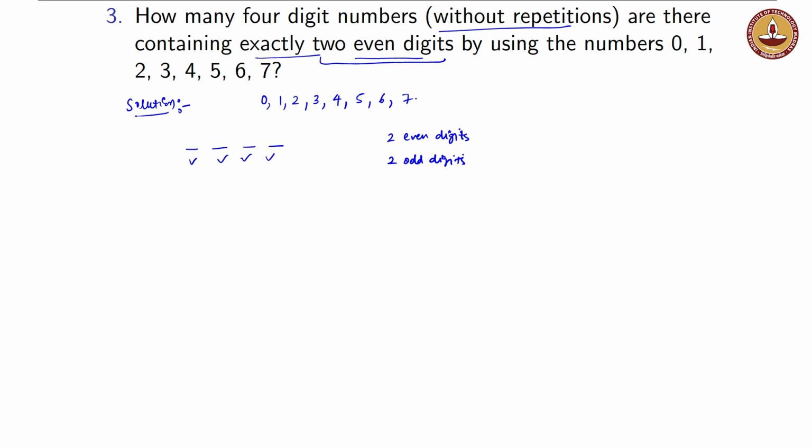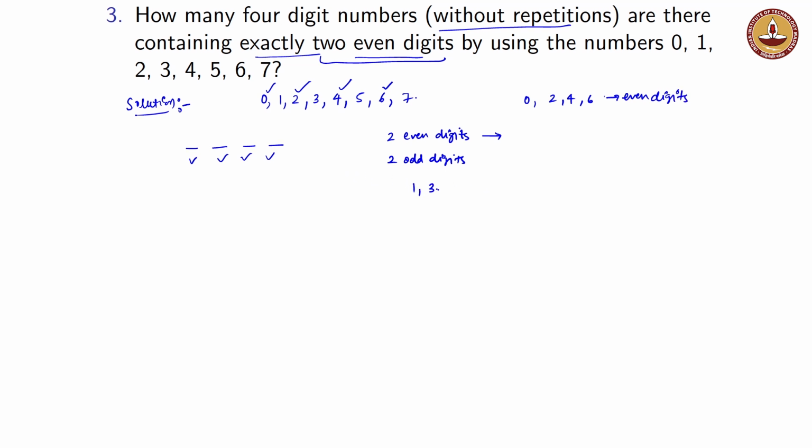Now, in how many ways can we do this? First of all, there are a total of four even digits: 0, 2, 4, 6. These are the even digits, and 1, 3, 5, 7 are the odd digits.